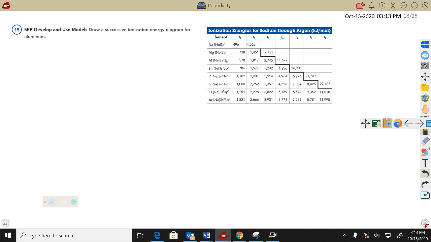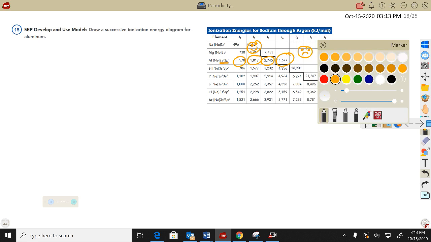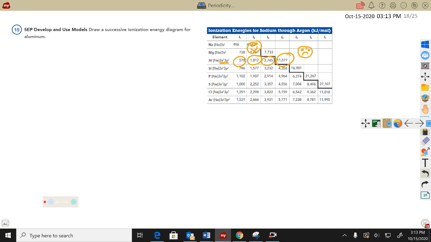In a nutshell, aluminum has its 3 valence electrons, and we're okay losing 1, losing 2, losing 3, but I don't want to lose the core. These are happy faces. This one gets a big sad face. Whoa. No, I don't want to lose the core. Those are the full stable orbitals.